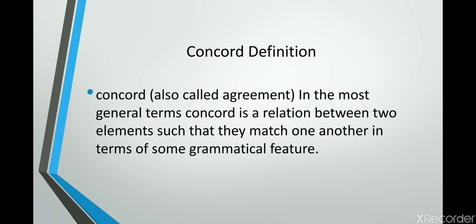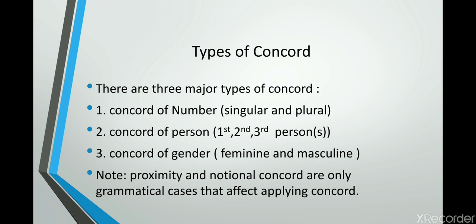And this relationship comes in three types, or what we call the types of concord. In English, we have three types of concord, which are the concord of number, whether singular or plural, the concord of person, first, second, and third person, and finally the concord of gender, whether feminine or masculine.